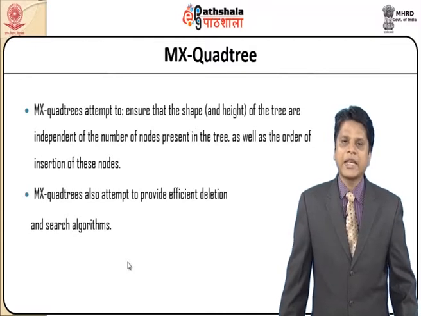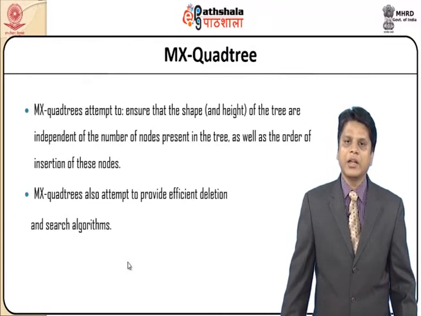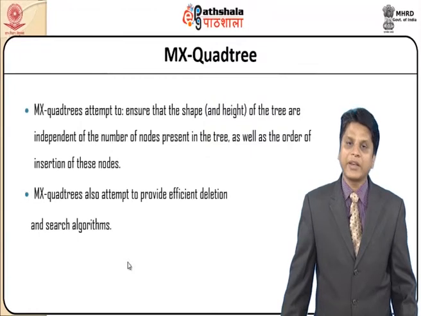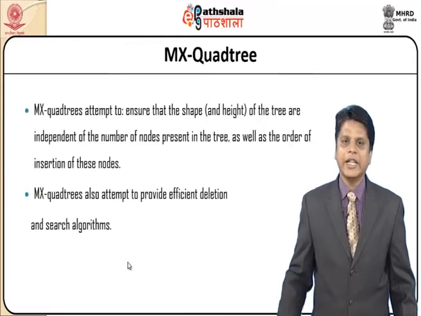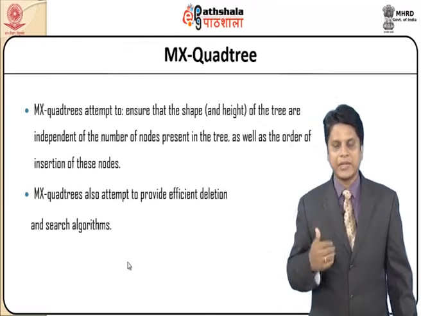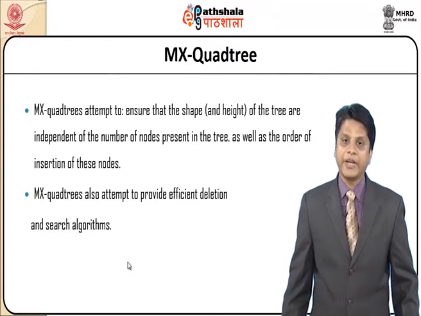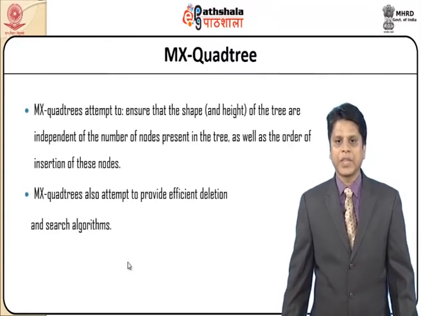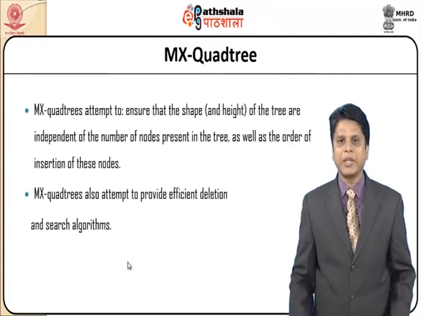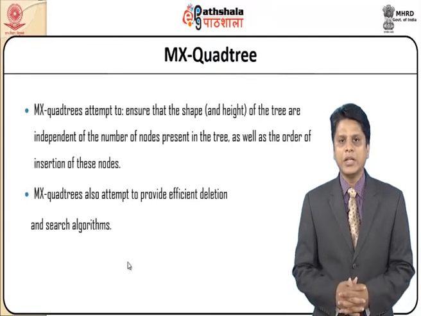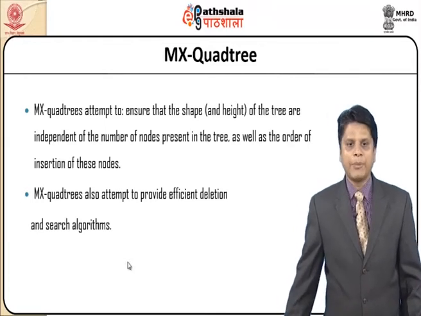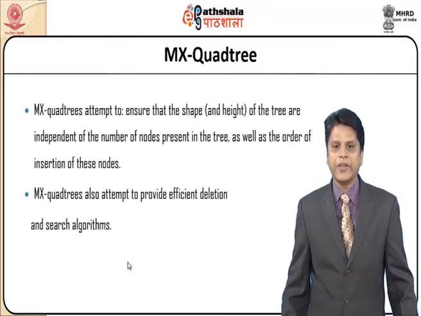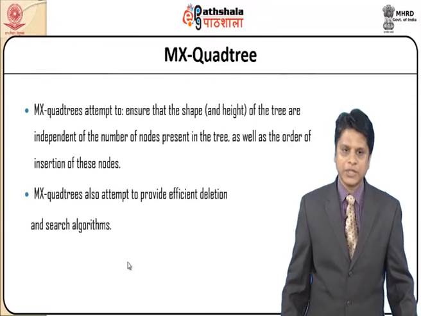The same is not the case with MX quadtrees, where we define infinite limits, ranging between minus infinity and plus infinity. MX quadtrees attempt to ensure that the shape, that is the height of the tree, is independent of the number of nodes in the tree as well as the order of insertion. They also attempt to provide efficient deletion and search algorithms.